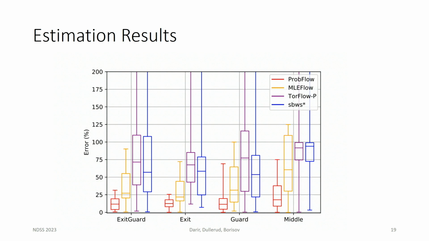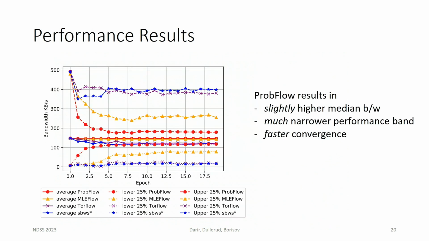The two quick takeaways that I wanted to show you are, first of all, the estimation error is much smaller and is now low across all classes of relays in our new and improved model. And this makes a difference for performance.